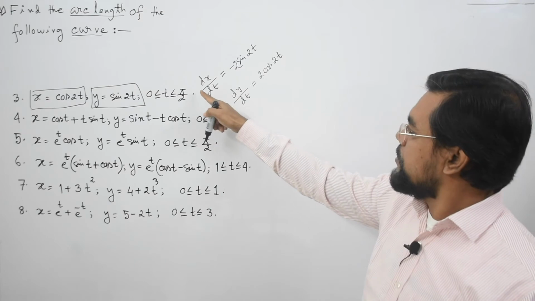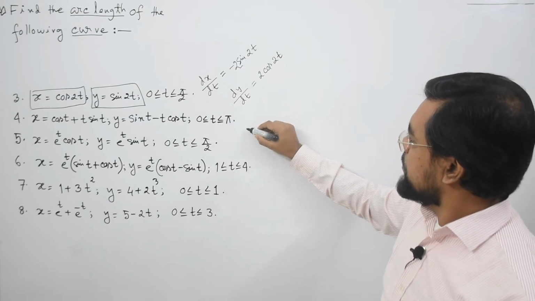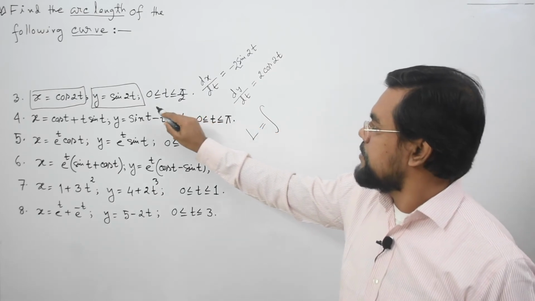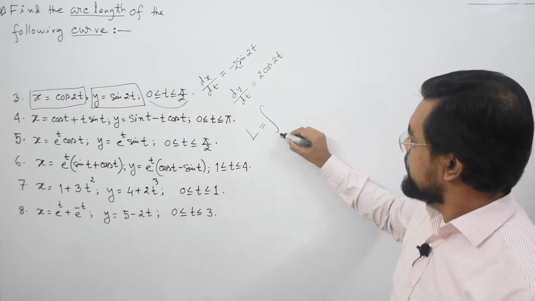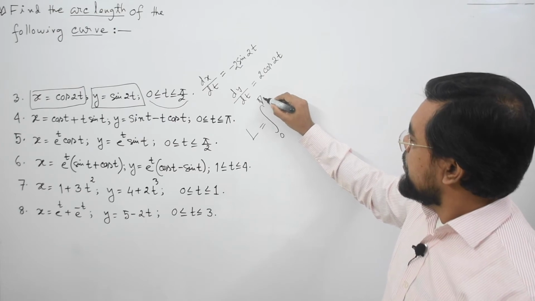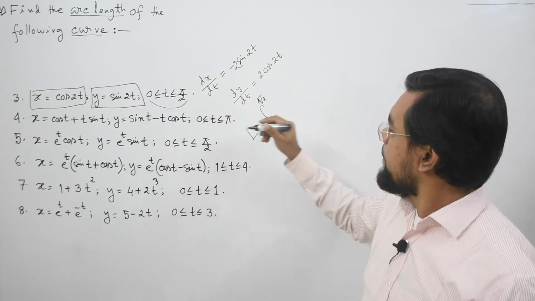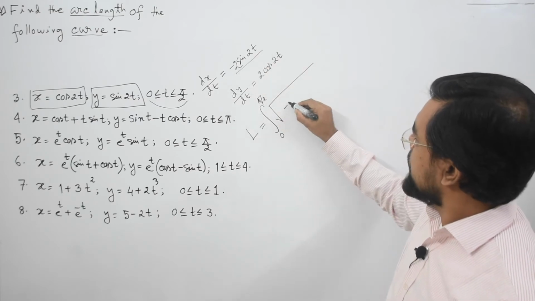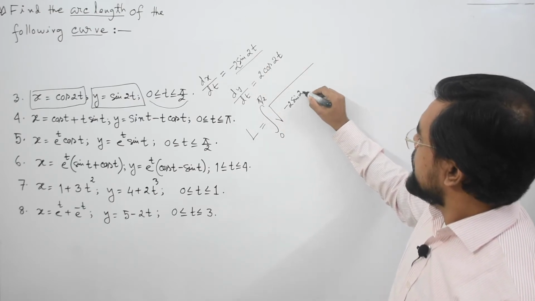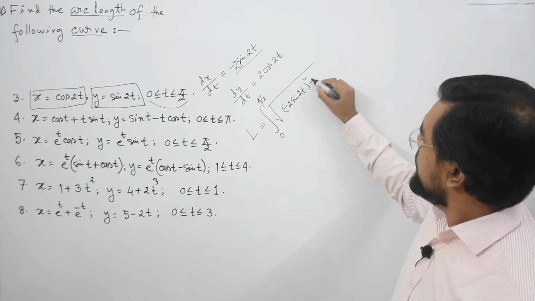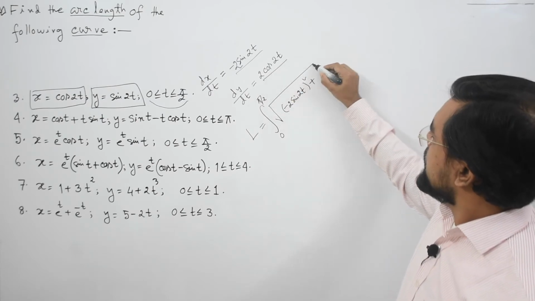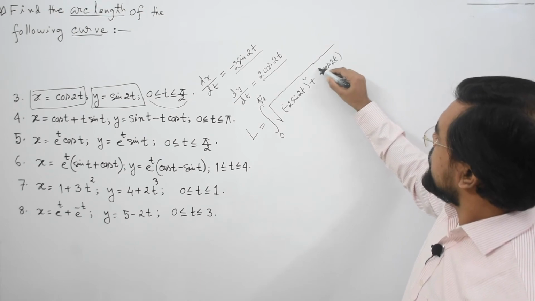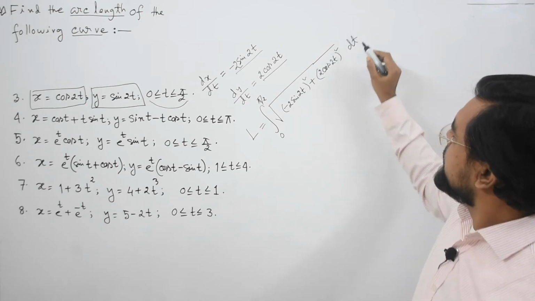Let me write it directly in the formula. Here t is from 0 to pi by 2, the integral of the square root of dx by dt whole square, minus 2 sin 2t whole square, plus dy by dt whole square, 2 cos 2t whole square, dt.